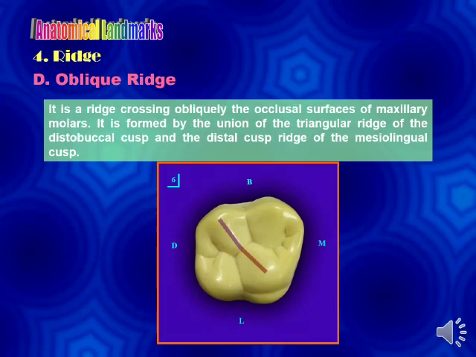It is a ridge crossing obliquely the occlusal surfaces of maxillary molars. It is formed by the union of the triangular ridge of the distobuccal cusp and the distal cusp ridge of the mesiolingual cusp. The oblique ridge is found only in maxillary molars. It extends obliquely across the occlusal surface, resulting from the union of the triangular ridge of the distobuccal cusp and the distal cusp ridge of the mesiolingual cusp. This is called the oblique ridge.